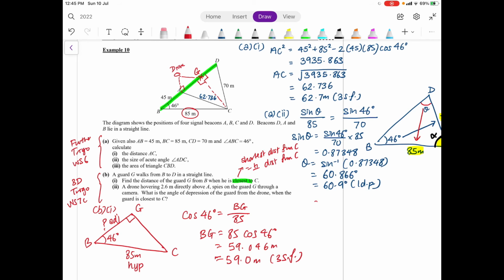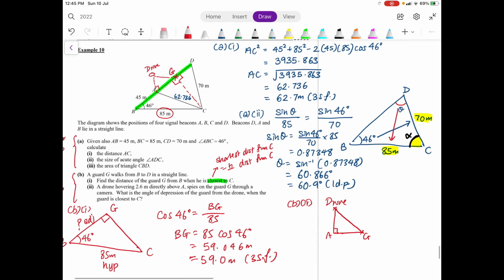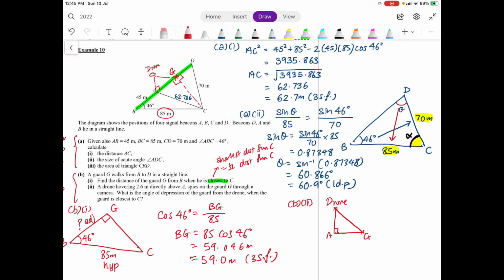So for part 2, I'll draw the drone from A, looking at G downwards, 90 degree. Oh, I need AG. I will need AG because I know the drone is 2.6 meters above A. I just need AG.